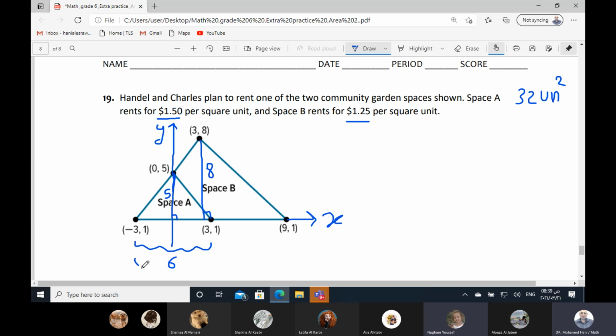Mister, I'm not sure, but is it 336 units squared? Maybe, thank you.